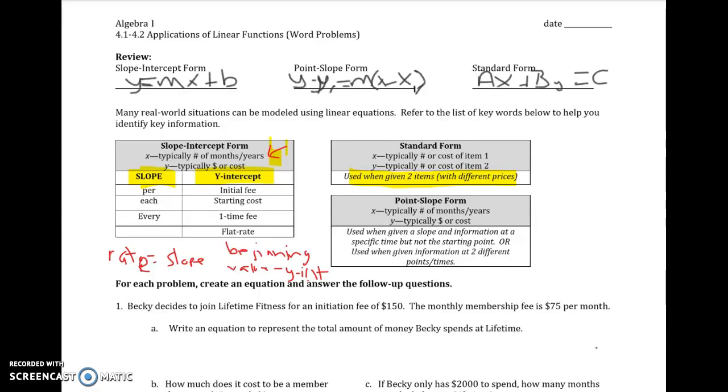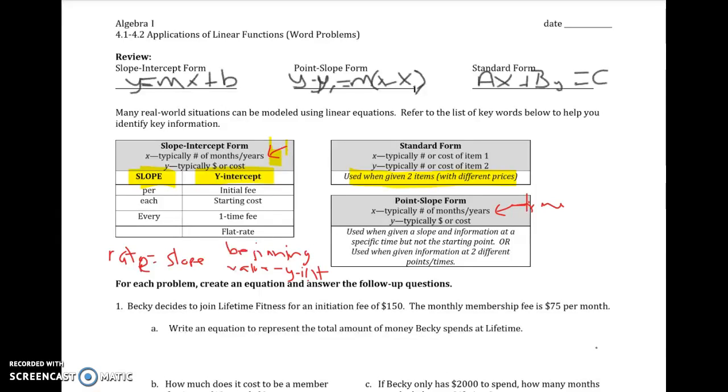And then finally, point-slope form. This one's definitely rarer, but we will use it sometimes. Similar to slope-intercept, x is usually going to be a time value, number of months or years, and y is typically going to be a cost amount.